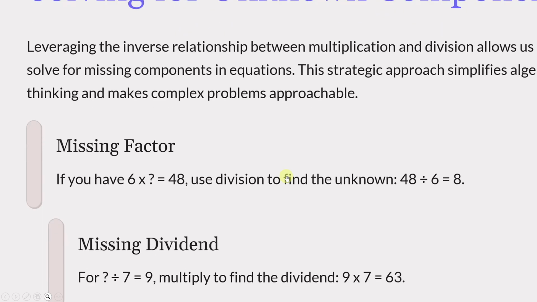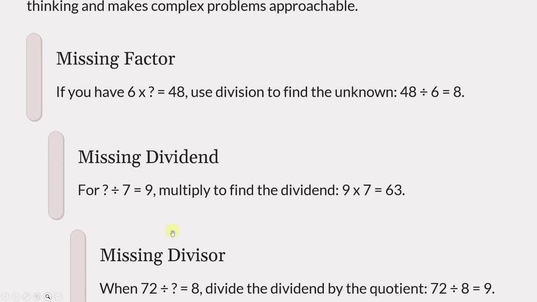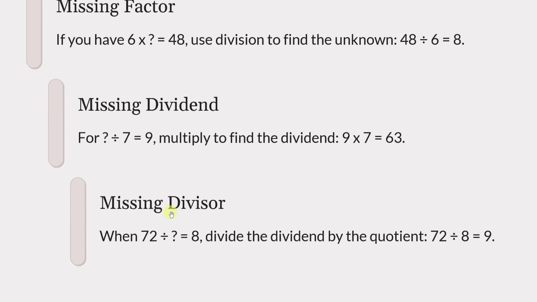Missing factor: if you have 6 times blank equals 48, use the inverse to find the unknown: 48 divided by 6 is 8. Missing dividend: blank divided by 7 is 9. Multiply to find the dividend: 9 times 7 is 63. Missing divisor: 72 divided by blank is 8. Divide the dividend by the quotient: 72 divided by 8 is 9.